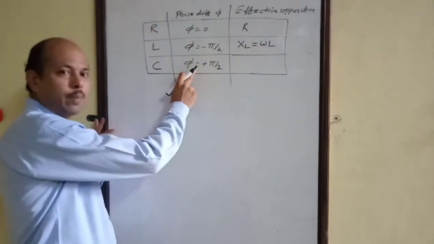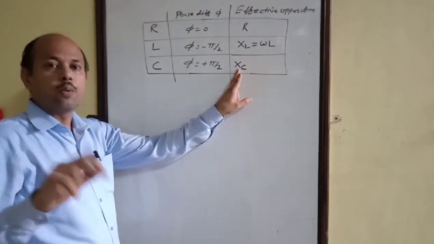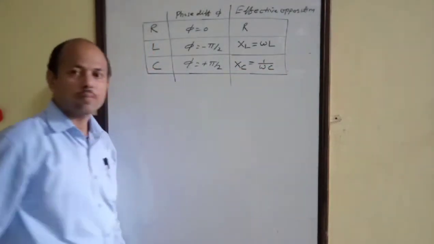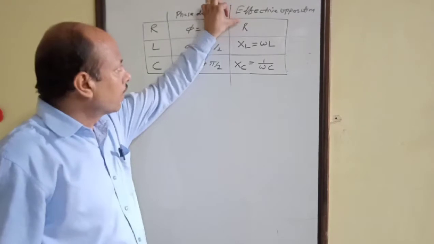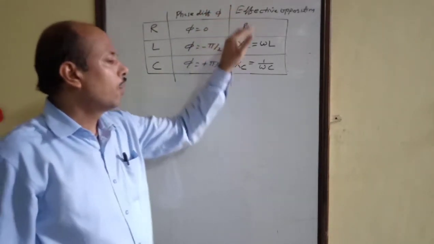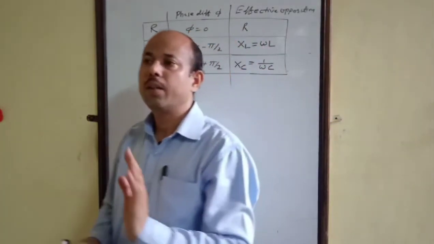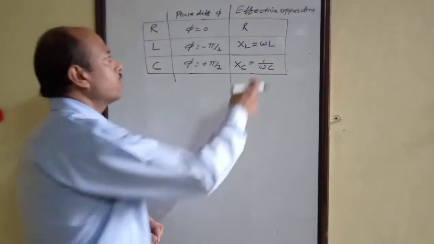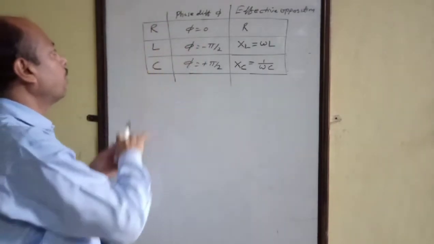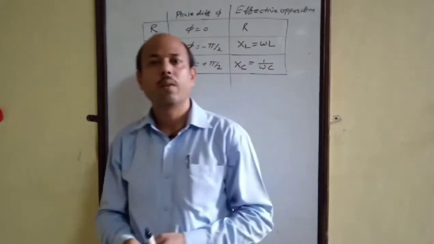In the case of capacitor, the effective opposition will be capacitive reactance, having value 1 upon omega C. Now it is very clear that resistance, inductive reactance and capacitive reactance all play the role of effective opposition. Okay. So this is the summary about the inductor, capacitor and resistor, and how they behave with AC.